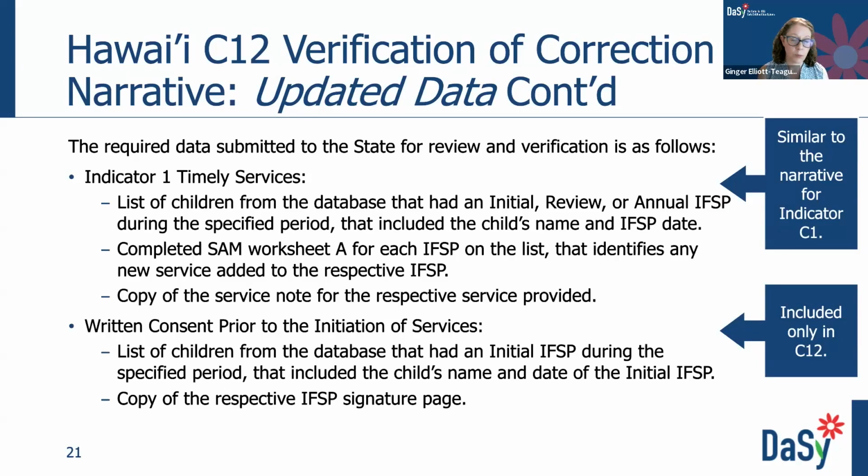And then they provided a similar description of the data they looked at for that written consent finding. So you can see the differences between 1 and 12 here. There are some similarities between the two. You have to summarize what was in indicator 1, but there are differences in the level of detail.